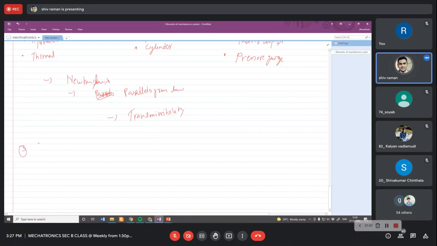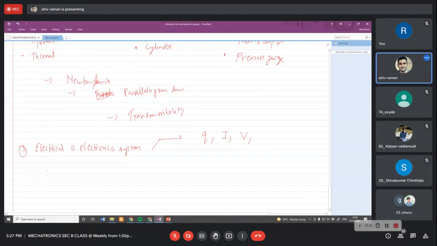Then the third system is your electrical and electronic system. This system basically deals with Q, I, and V, that is charge, current, and voltage.